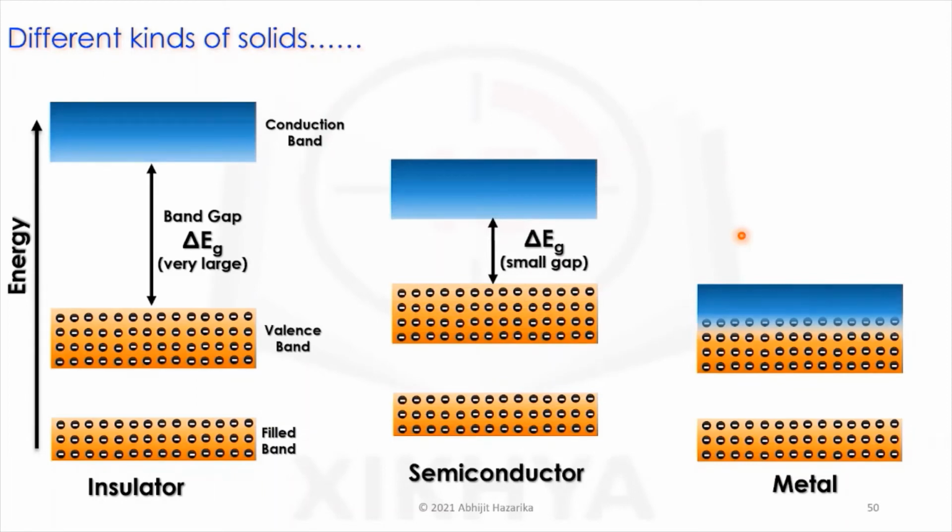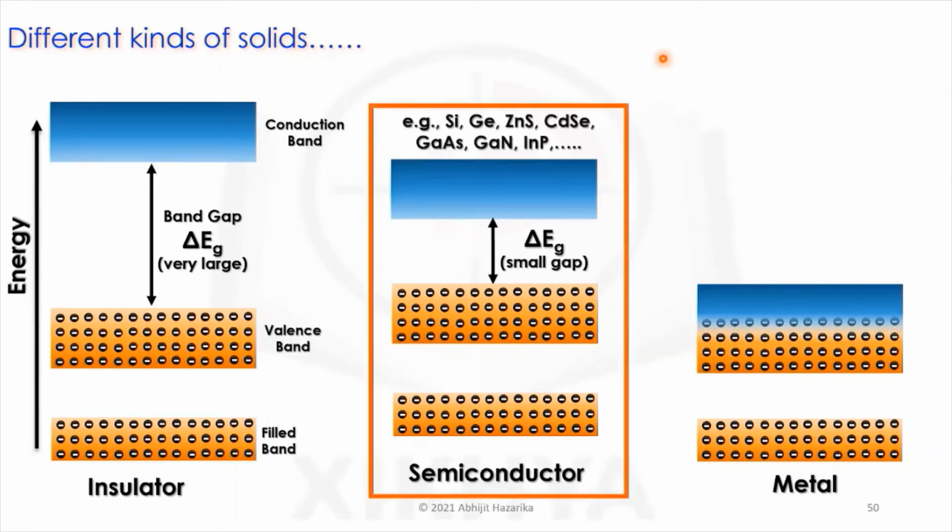Semiconductors are very similar to insulators, but the energy gap or the band gap between the conduction band and the valence band is very small. And by applying a small amount of energy, the electrons can be transferred from the valence band to the conduction band. For our discussion of fluorescence, this material is very interesting.